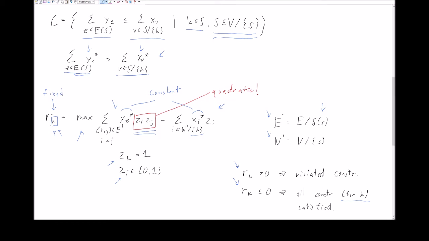And so all constraints for this choice of k are going to be satisfied. In this way, solving the quadratic program is going to give us either a violated constraint or tell us that all the constraints are going to be satisfied.